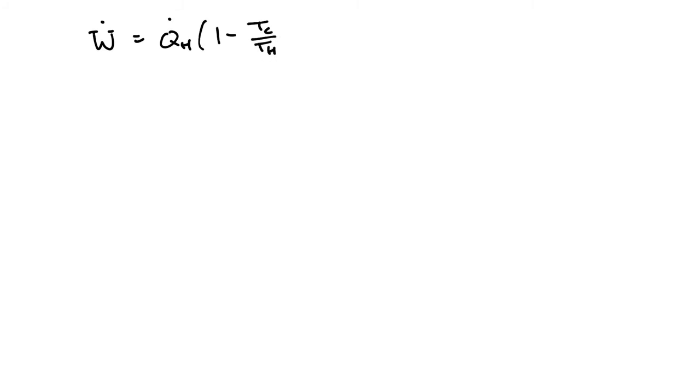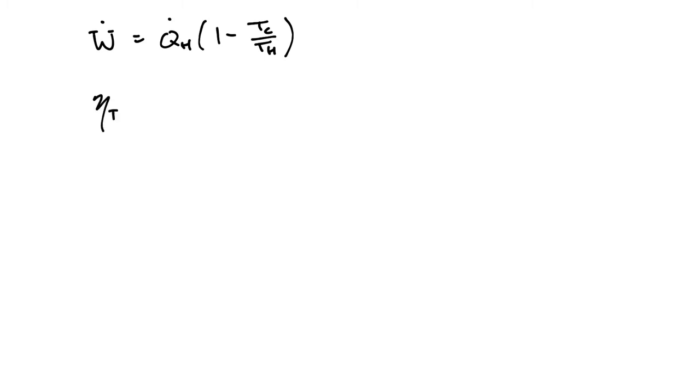This represents the best possible work output that you can get for a given heat input and a given temperature for your source and sink. So now we go back and substitute this into our thermal efficiency.